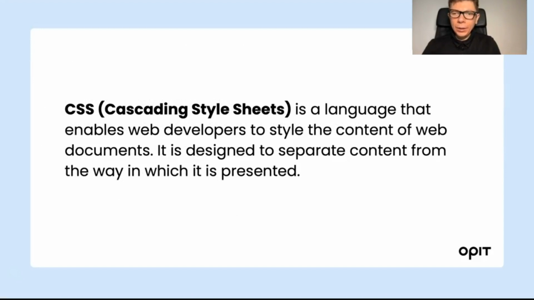As you already heard, cascading style sheets, or CSS, is a language that enables web developers to style the content of web documents. It is designed to separate content from the way in which it is presented.